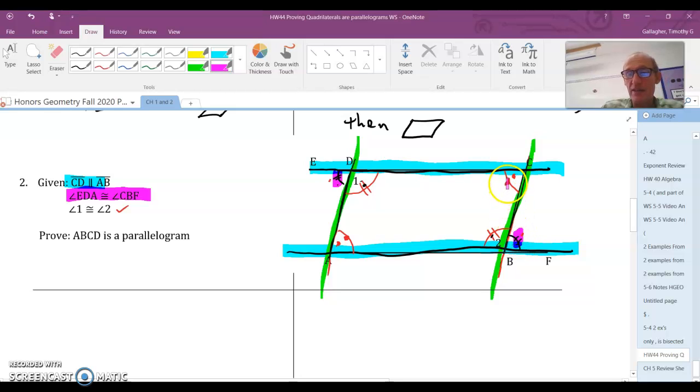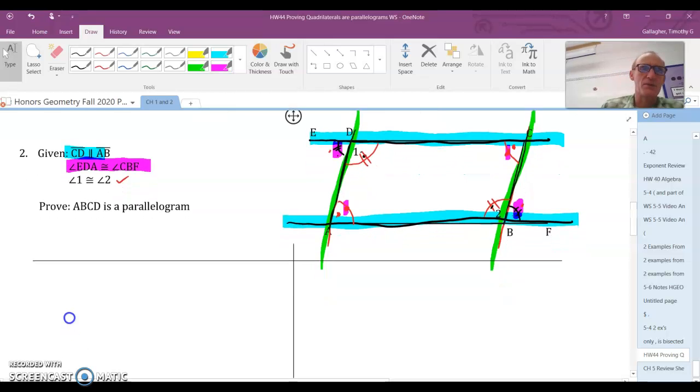Now, that's going to make this angle congruent to this angle, and this angle congruent to this angle, and these two angles congruent by transitive property. And we're given angle 1 is congruent to angle 2, right here. So both pairs of opposite angles are congruent, making this a parallelogram. Whew. I sort of went in the wrong direction to begin with, but that's okay.